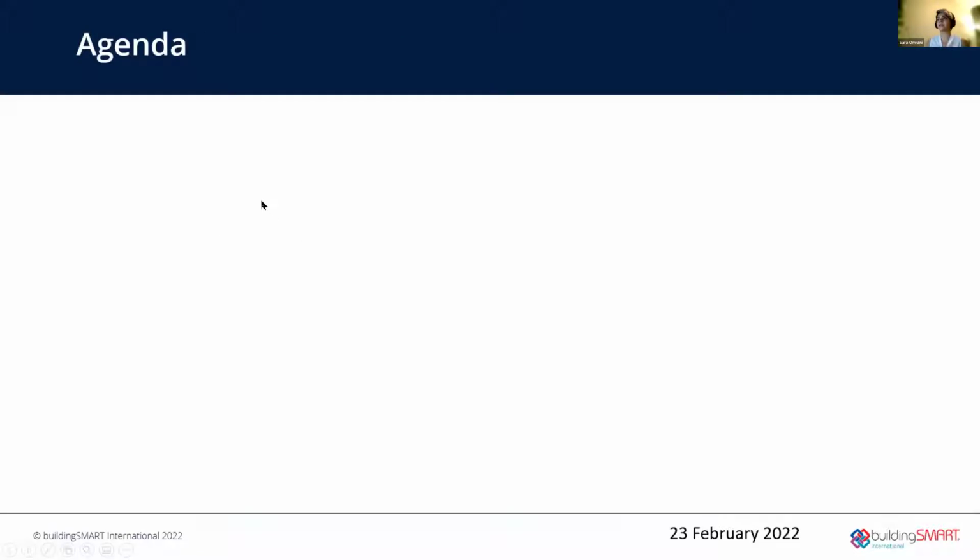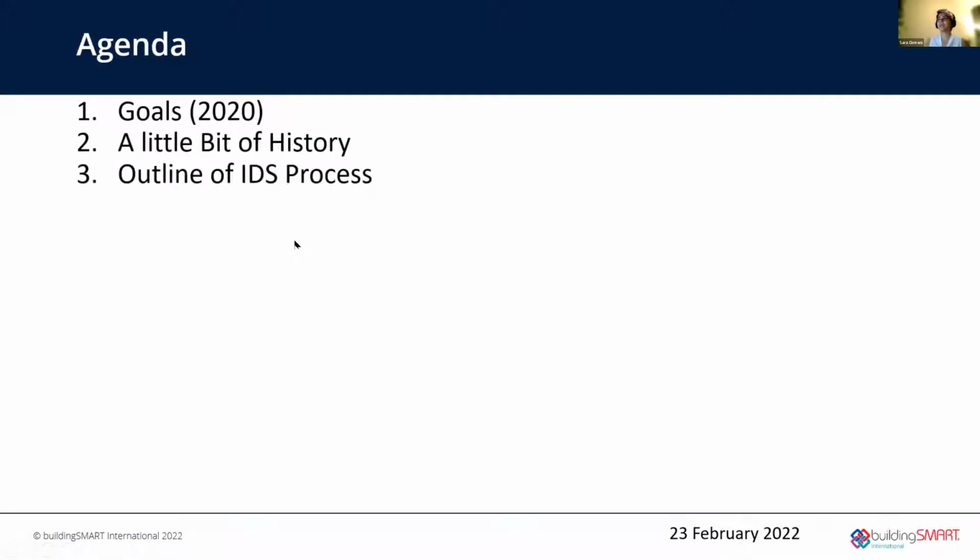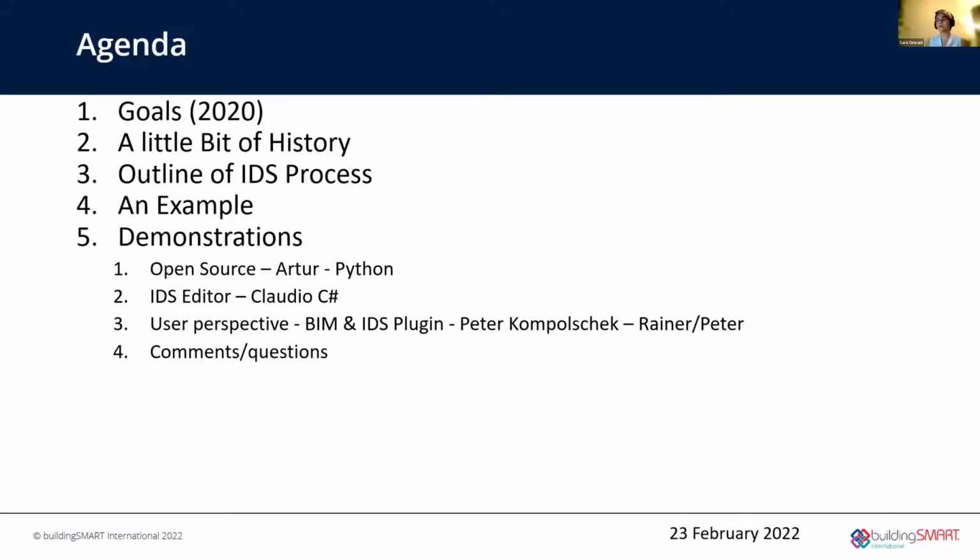So the agenda for tonight's session: we start with talking about the goals of IDS. We give you a little bit of history and an outline of the IDS process. We also have an example there. And then we shift to live demonstrations.